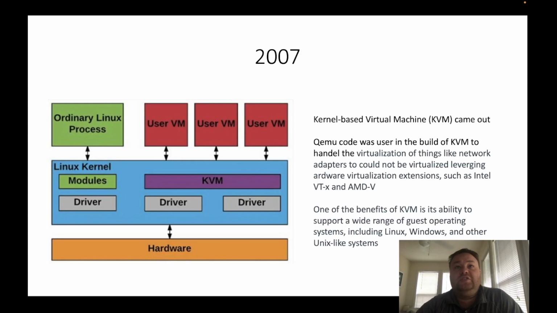So in 2007, KVM came out, and although it used a lot of QEMU's code, KVM took a giant leap forward with some of the virtualization technologies that were really entering the industry from both Intel and AMD at the time.